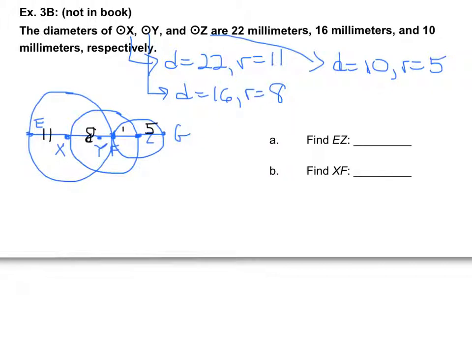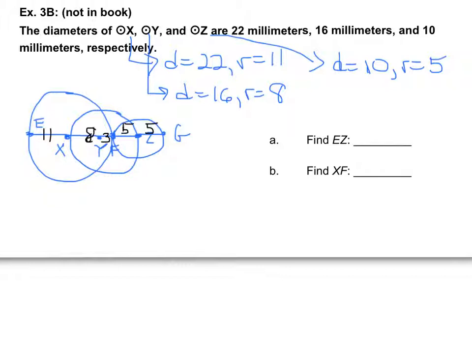So remember, if the diameter of circle Y here is 16, we have already found the radius is 8, then that means from Y to Z has to be a total of 8. And if each radius on circle Z is 5 here and here, but yet this whole thing from that point into Y and from Z into Y is supposed to be 8, then I hope you can see what piece is missing. That's going to be 3.